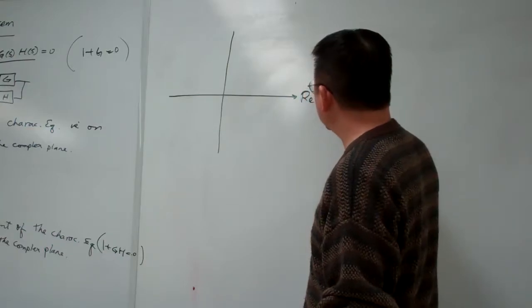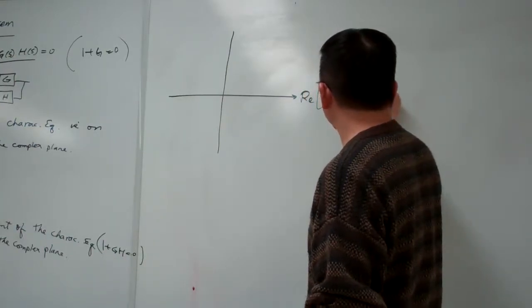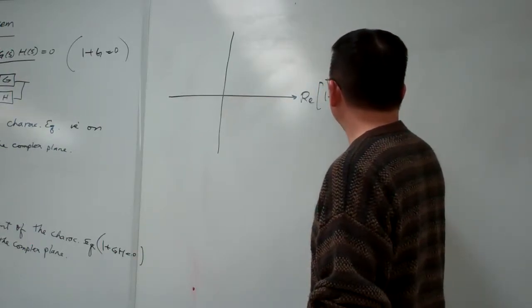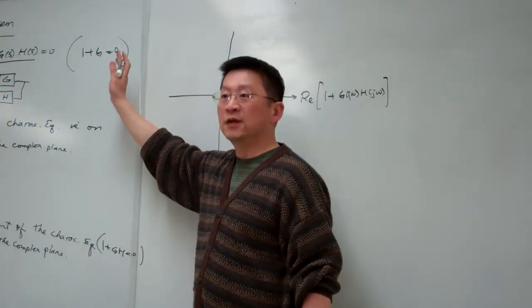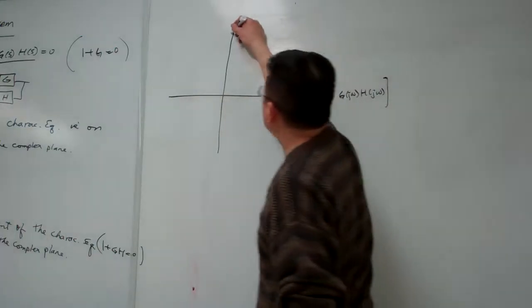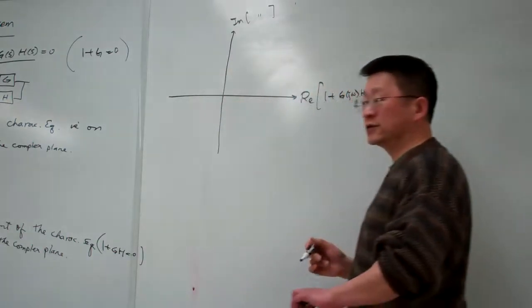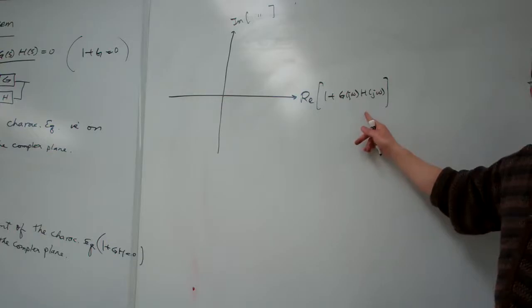this is the real part of the characteristic equation. Again, here I adopt symbols for illustration, but the symbol can be anything, as long as it describes the characteristic equation. So this is the imaginary part. Let you fill out those things. So again, do you know how to plot this?